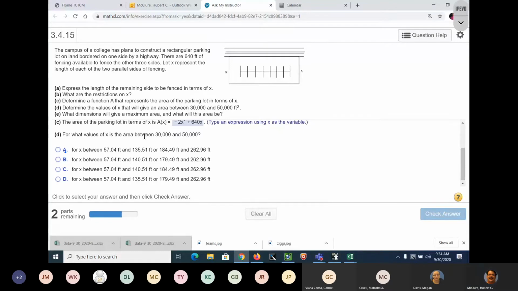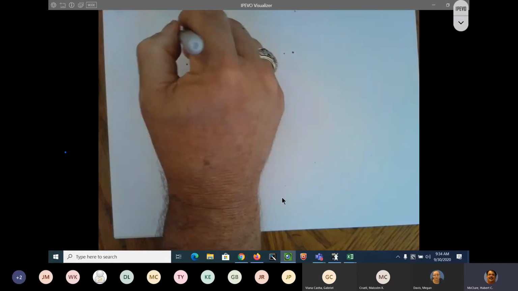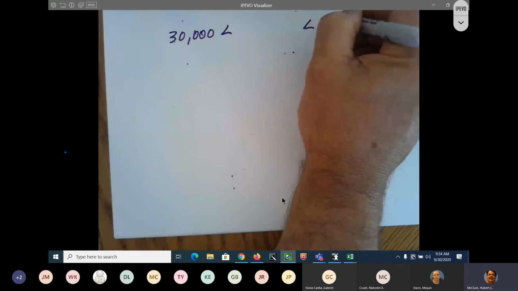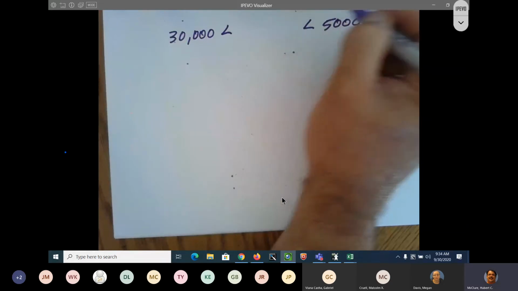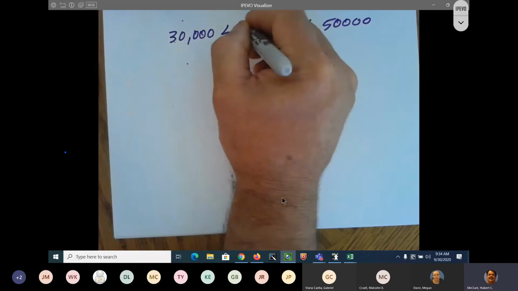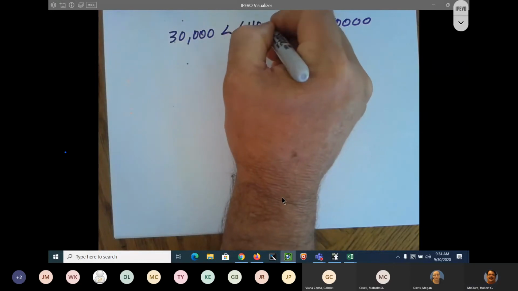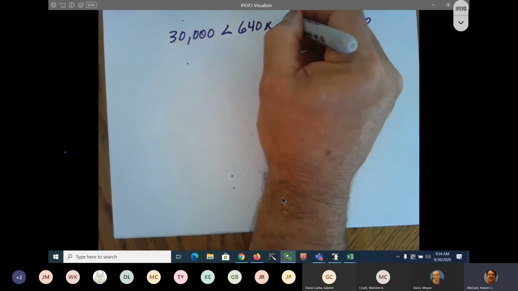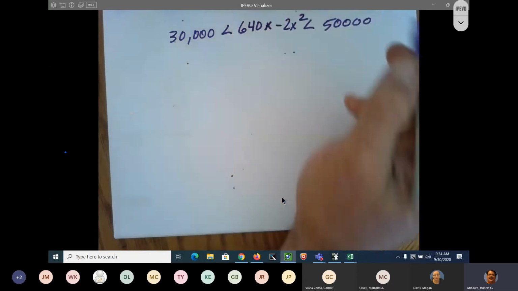Does it say equal to, or does it say between? It says between. So we're going to take 30,000 and 50,000 and then stick our equation, 640x minus 2x squared, in the middle.